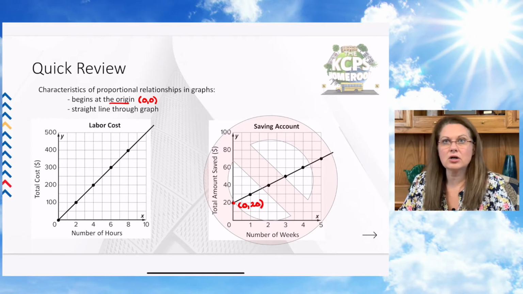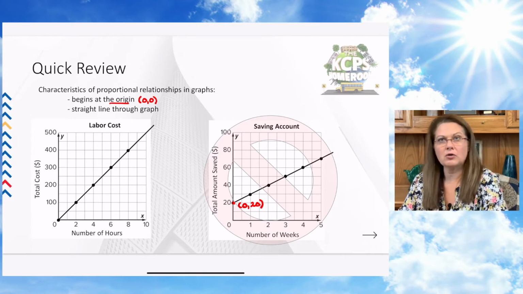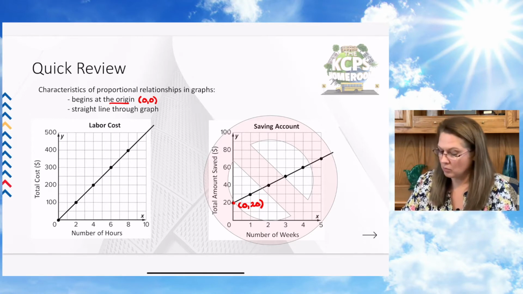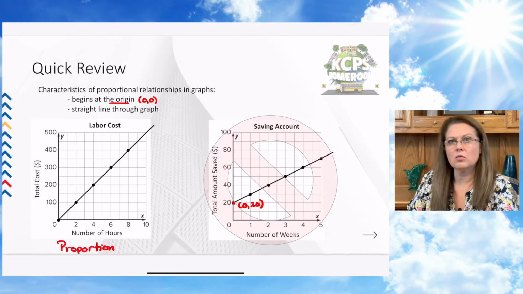So it doesn't start at our origin, so it's not proportional. Even though it does show a constant rate of increase throughout our savings account, it's non-proportional. So this is our only graph, the one on the right, that would be considered proportional. It has our ordered pair, 0, 0, and it has a straight line.